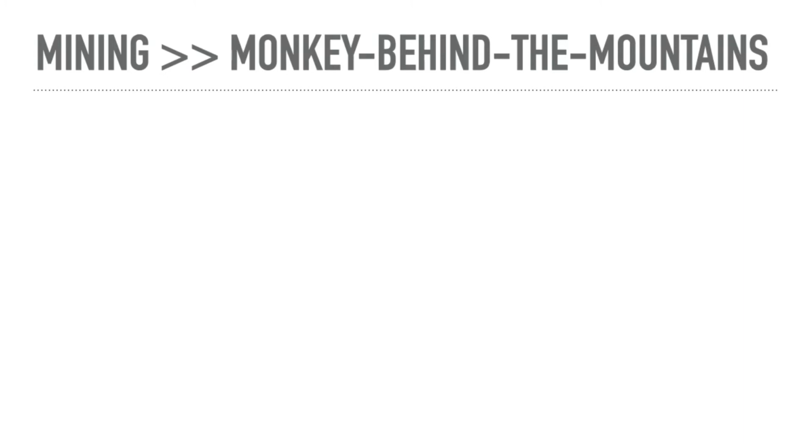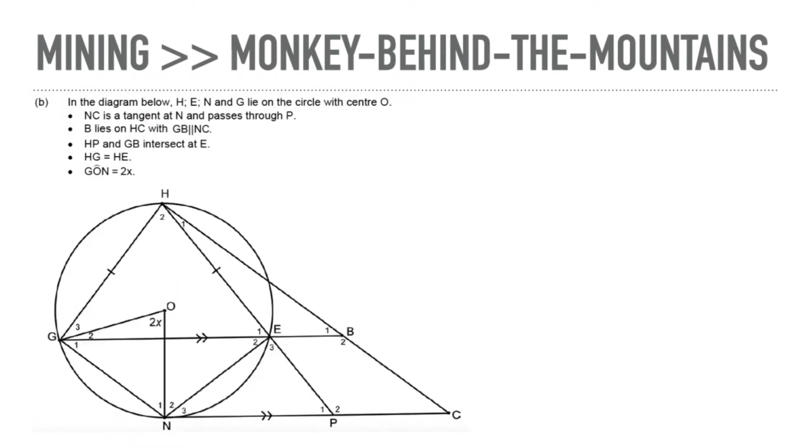So let's start by mining into this question. In the diagram below, H, E, N, and G lie on circle with center O. Ooh, that's important because there'll be radii. And where there are radii, there's usually an isosceles triangle. So G1 and 2 is equal to N1.